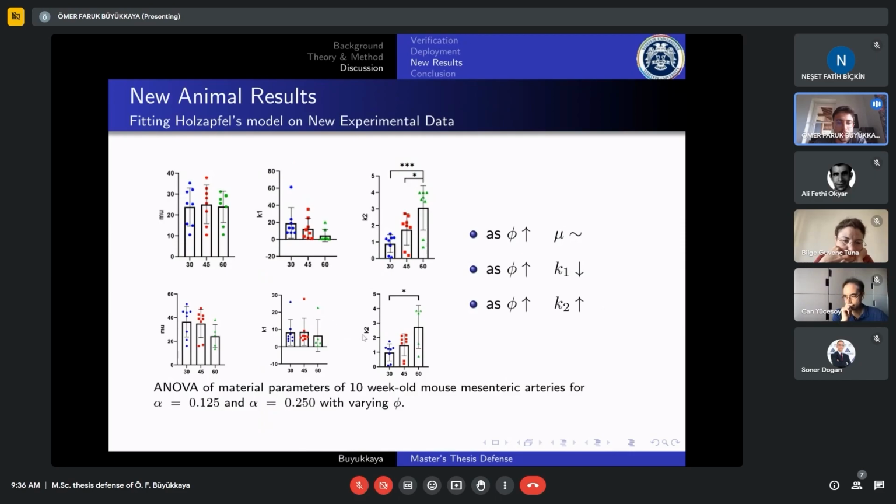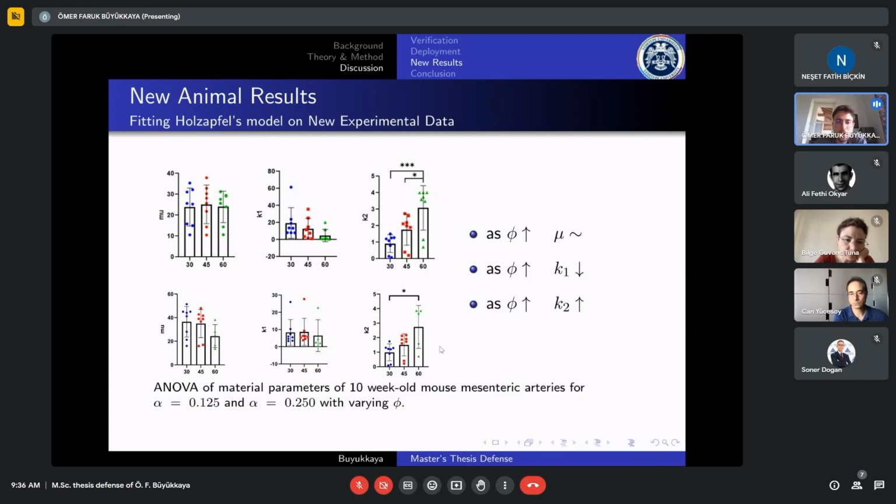And it needs higher stiffness values at the elevated pressures, so that K2 becomes larger as the fiber angle increases.